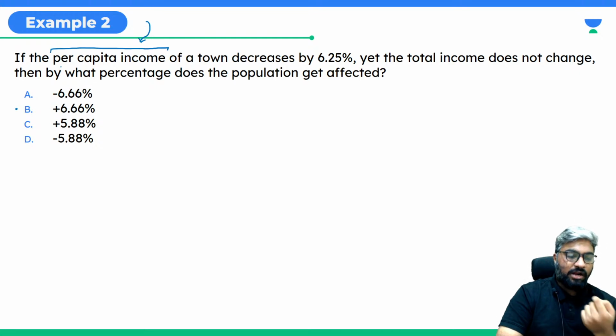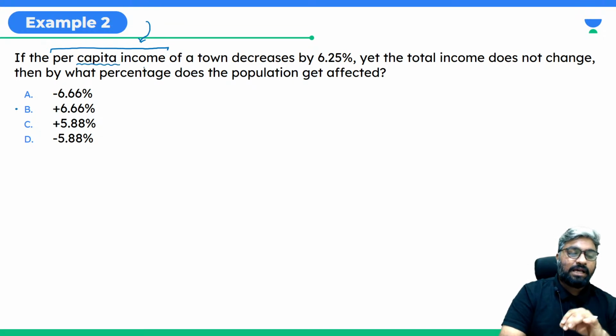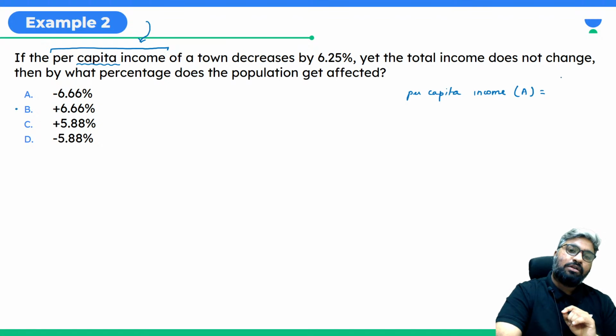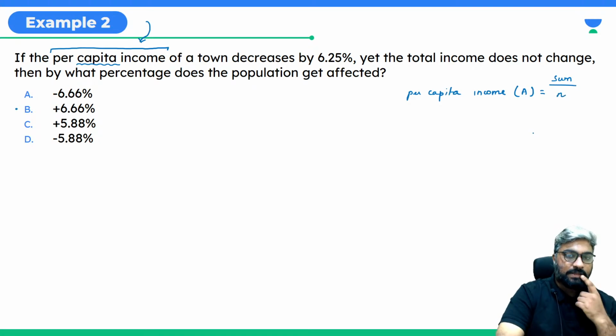Per means for every, capita means per person, right? Capita means the population. So per capita income is basically the average. So it's going to be income of the entire town, so sum of the incomes divided by number of people, that is the population.